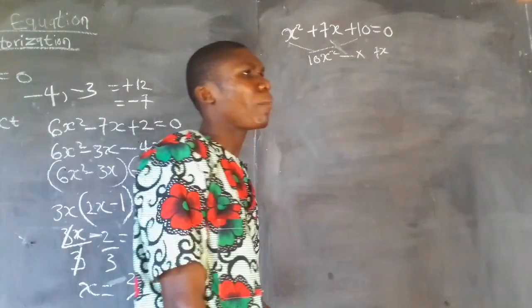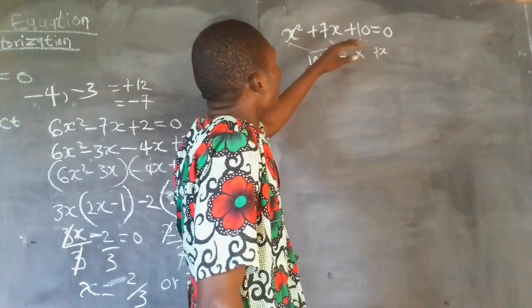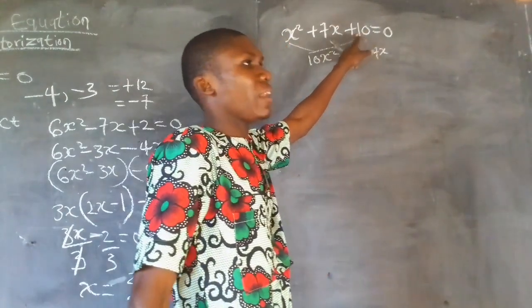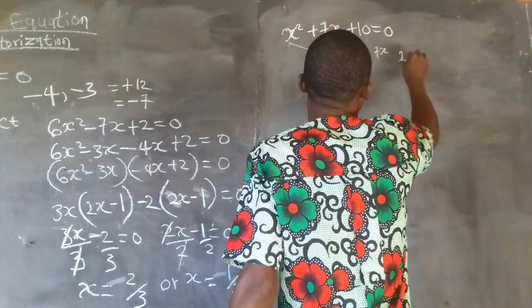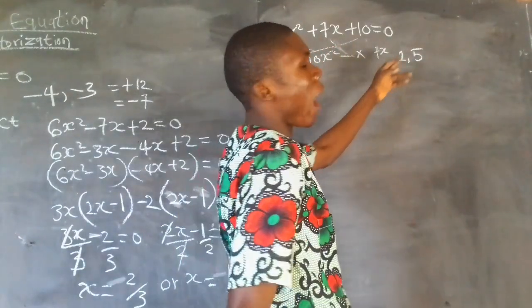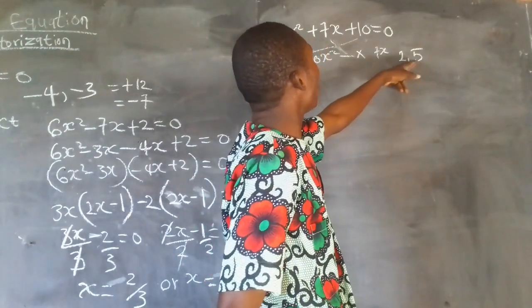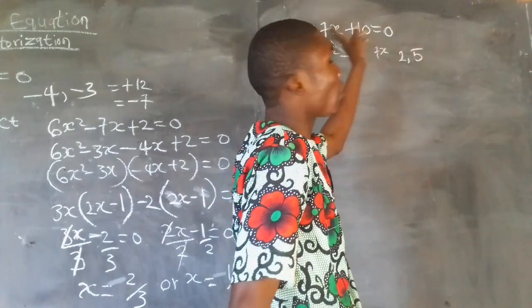And so which two numbers when you add them up will give you plus 7, and when you multiply they give you plus 10? You see that those two numbers are none other than 2 and 5. Plus 2 and then plus 5. So 2 plus 5 will give you plus 7.